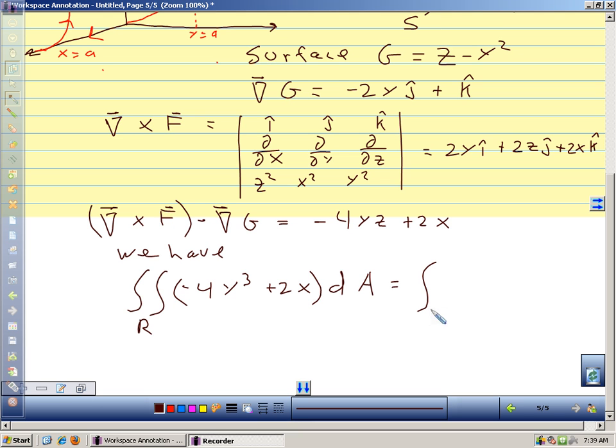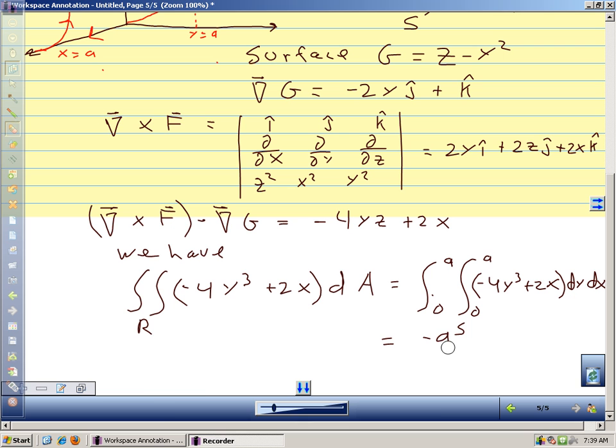So this is the integral from 0 to a, integral from 0 to a of minus 4y to the third plus 2x dy dx. Nice easy integral to evaluate. When we evaluate this, we get minus a to the fifth plus a to the third.